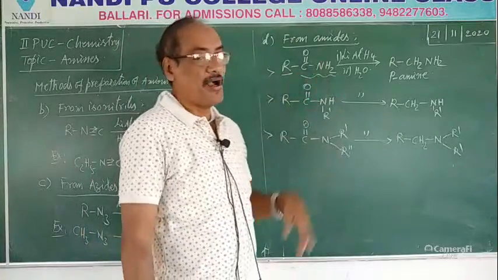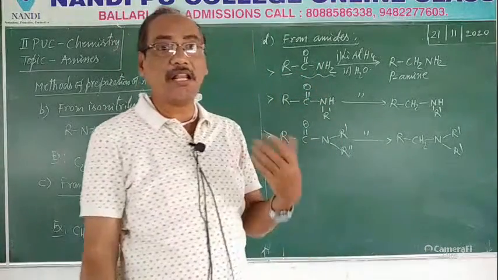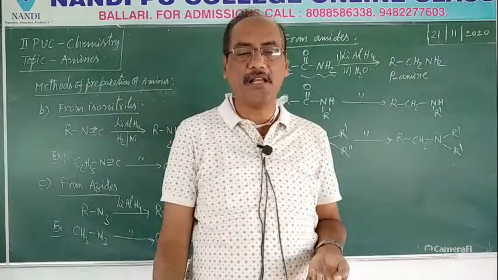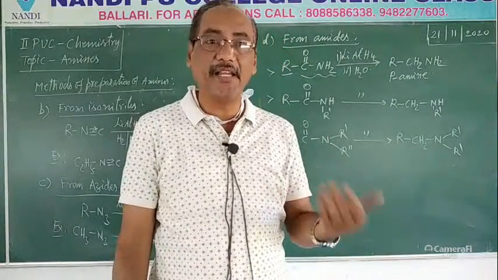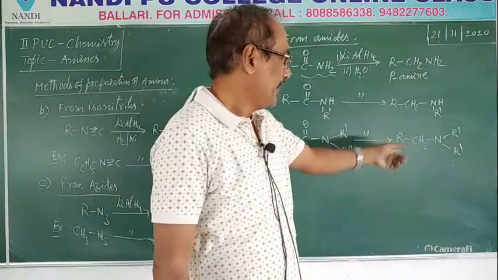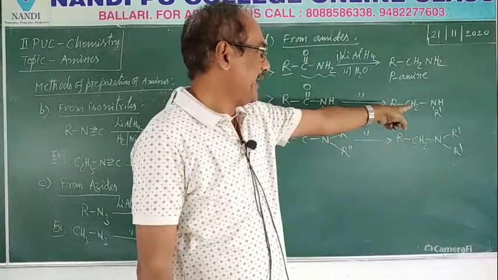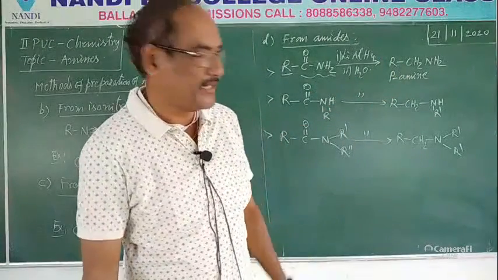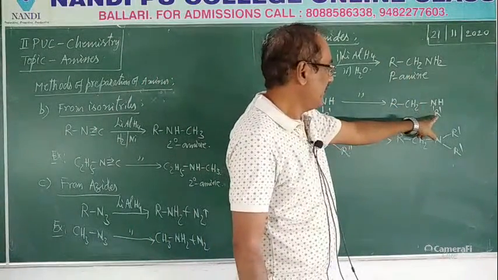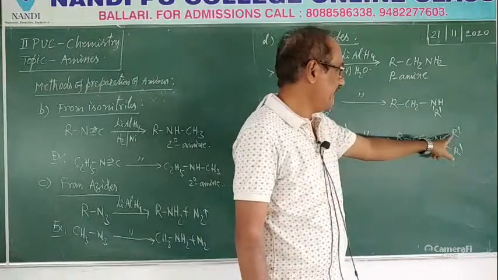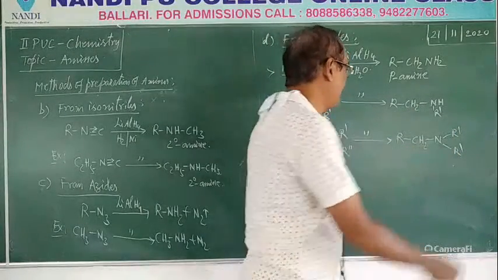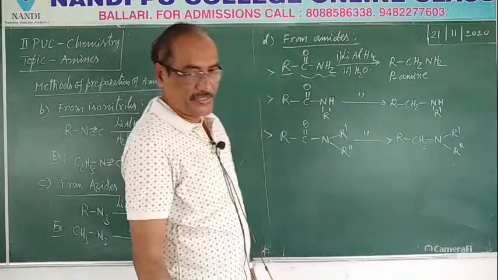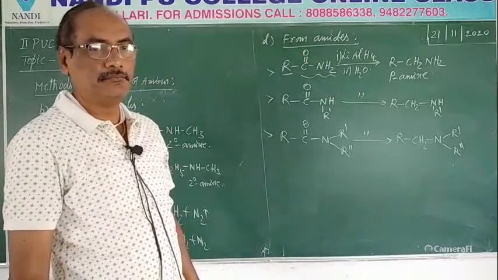Right? Amides are alkanamides. Amines are alkanamines. So from N-alkyl alkanamide and N,N-dialkyl alkanamides, you will get N,N-dialkyl alkanamine, N-alkyl alkanamine, that is alkanamine. If I take two, whatever groups are there, the same groups are reflected in the product.